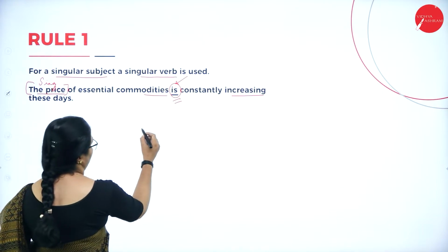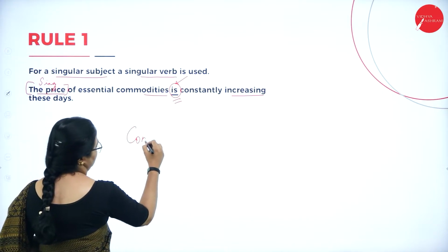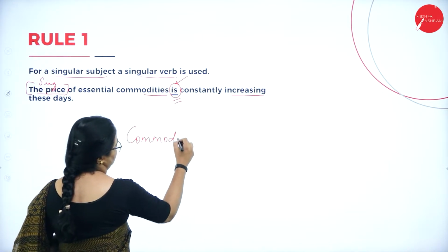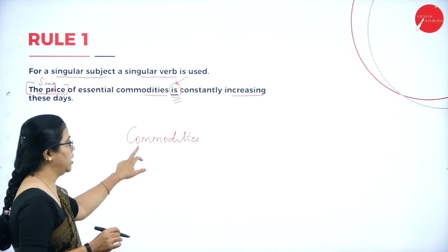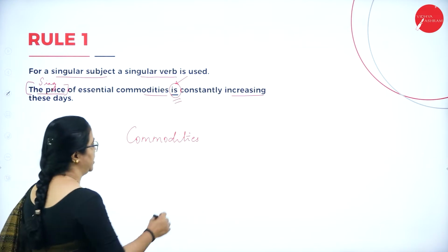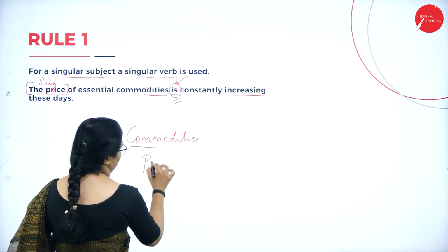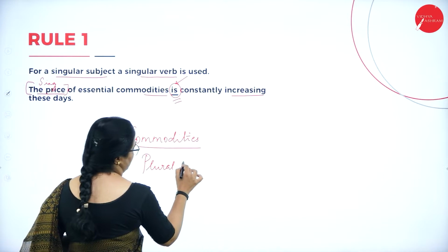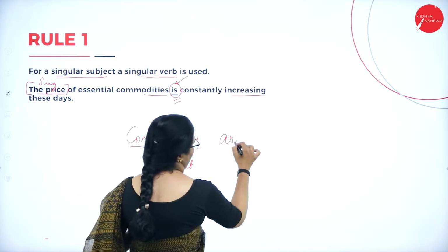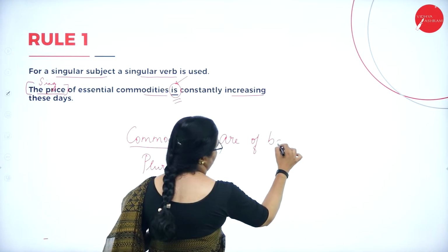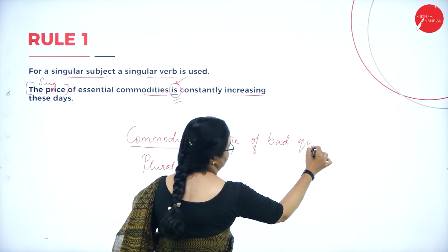Suppose I have plural verbs like, commodities only I'll take. I'm not talking about the price. I'm talking about commodities. Okay, commodities, this is a plural subject. And here commodities are of bad quality, I said.